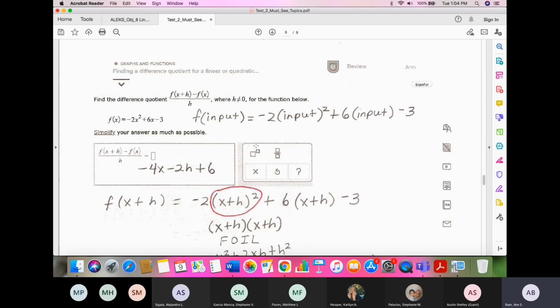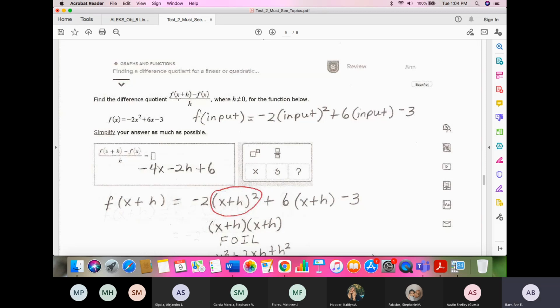So next we have a difference quotient problem. So let's take a look at the difference quotient problem. So we've looked at the first 4. We've now got 3 more to take a look at. So we want to find the difference quotient, f of x plus h.